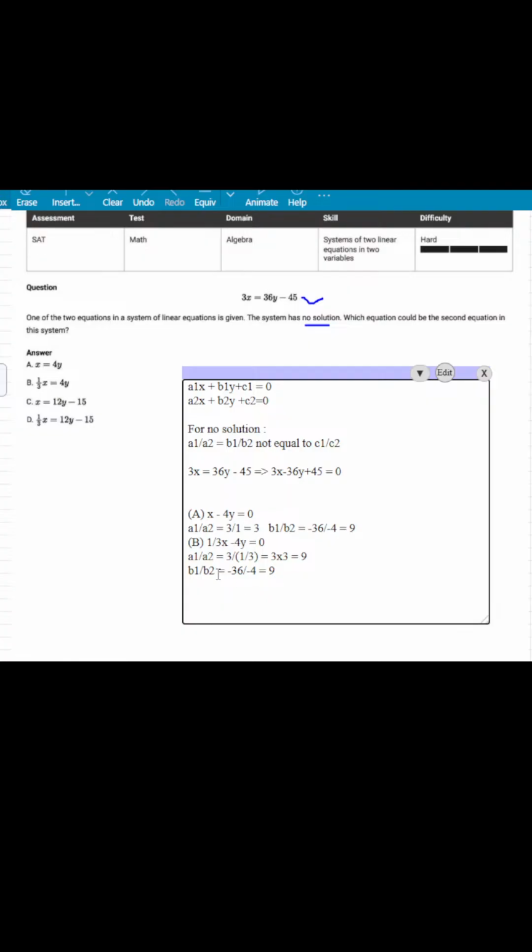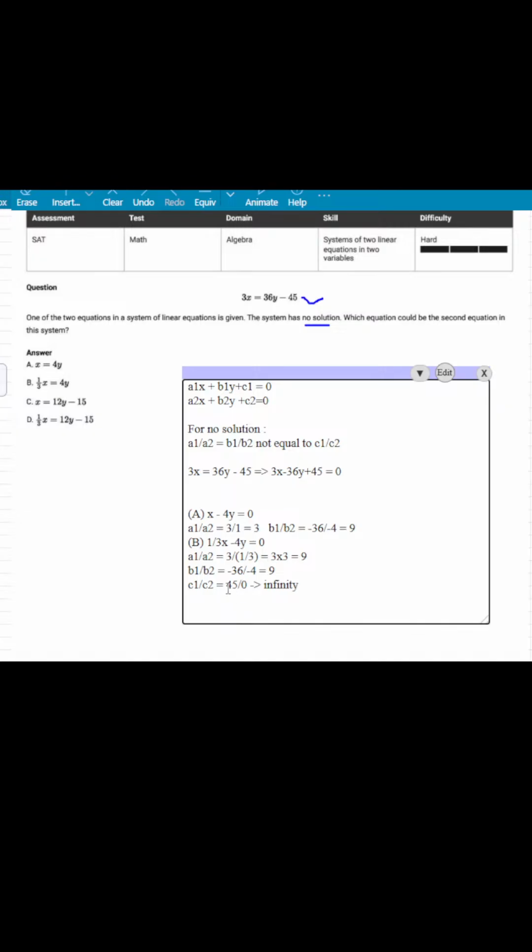So here a1 by a2 and b1 by b2 are the same, so one of the conditions is holding. Now we'll check c1 by c2 to make sure it's not equal. For option B, c1 by c2 is equal to 45 over 0. So this is an undefined form, which tends to infinity.